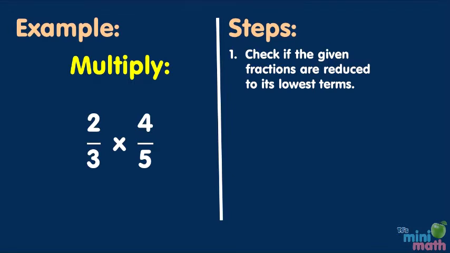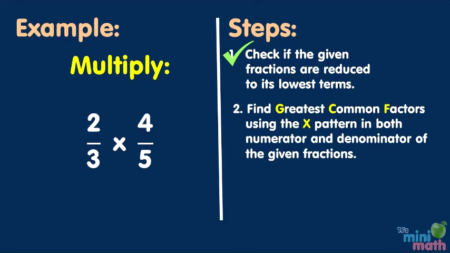Now, since 2/3 and 4/5 are already in its lowest term, then we are going to proceed to step 2. Find the greatest common factors using the X pattern in both numerator and denominator of the given fractions. So when we say X pattern, that is 3 and 4, and then we have 2 and 5.